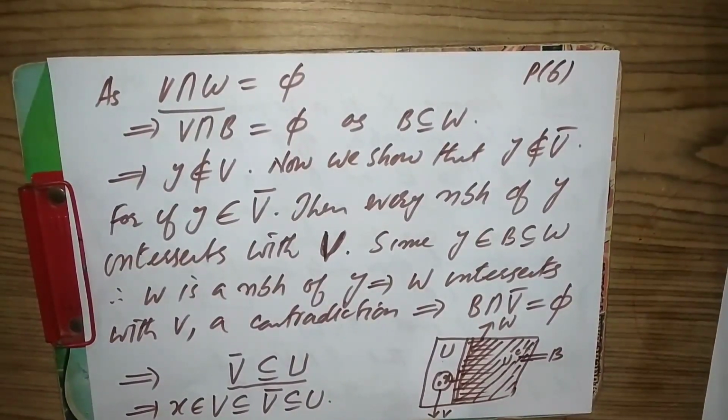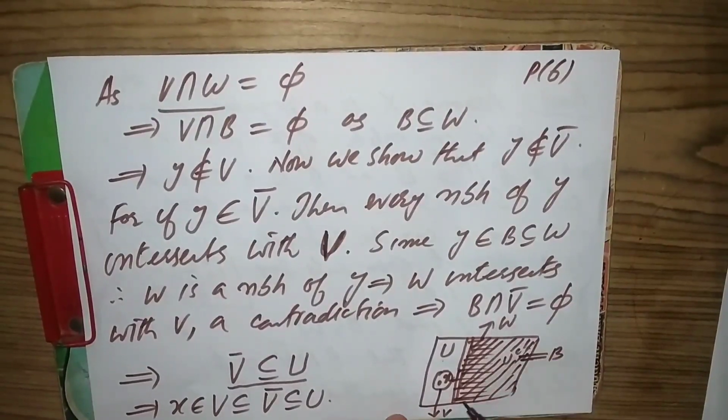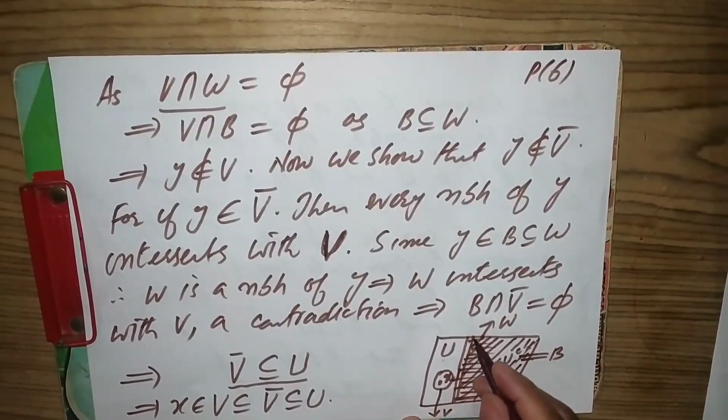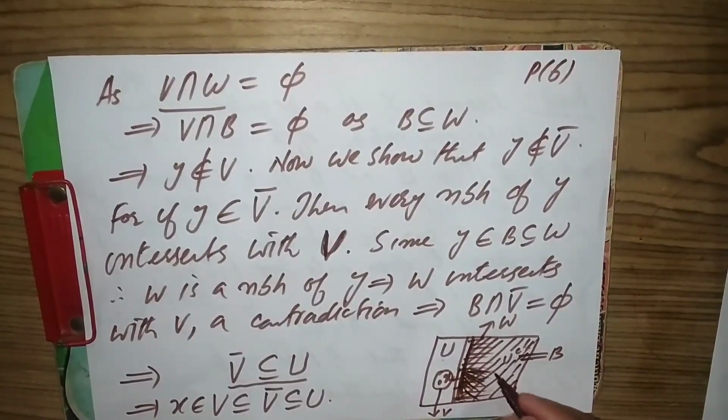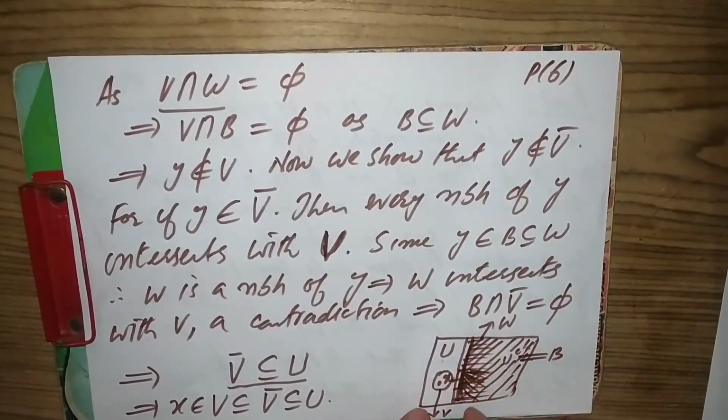Now this B, its intersection with V closure is the phi set. B is up to this region. They are disjoint.